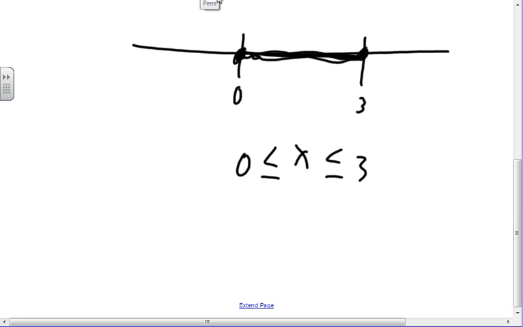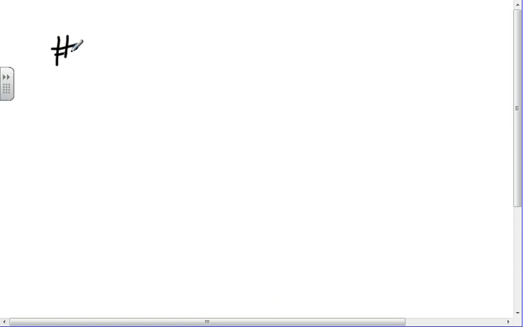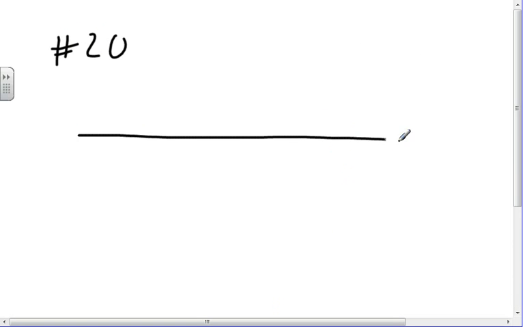Okay. Number 20. Am I going slow enough? All right, so I've got a minus 3, and it's solid, and I've got a 0, and it's solid.